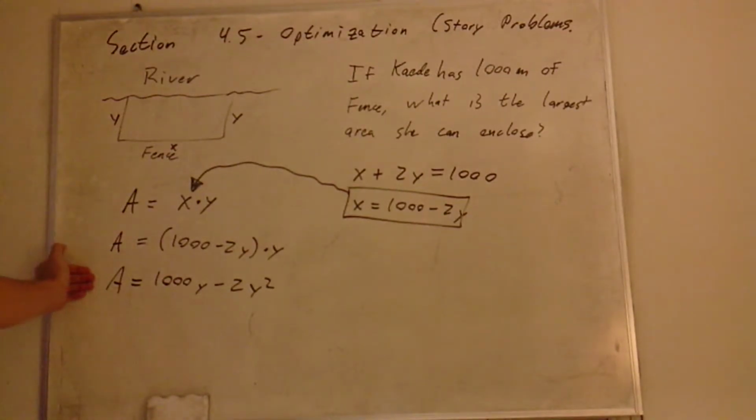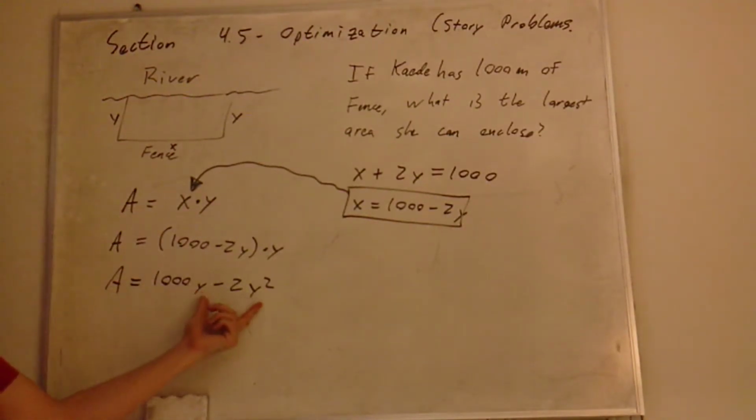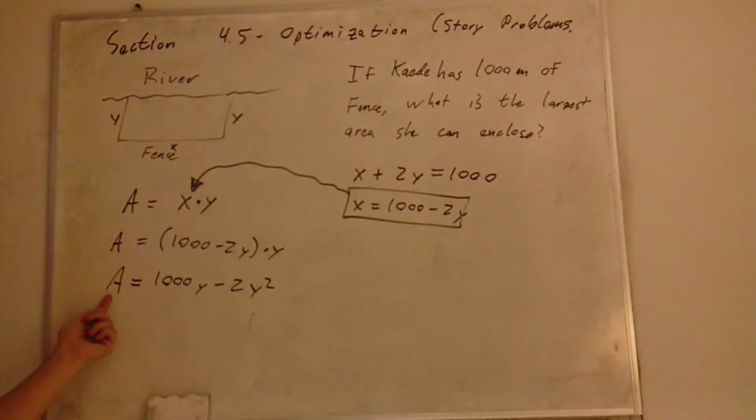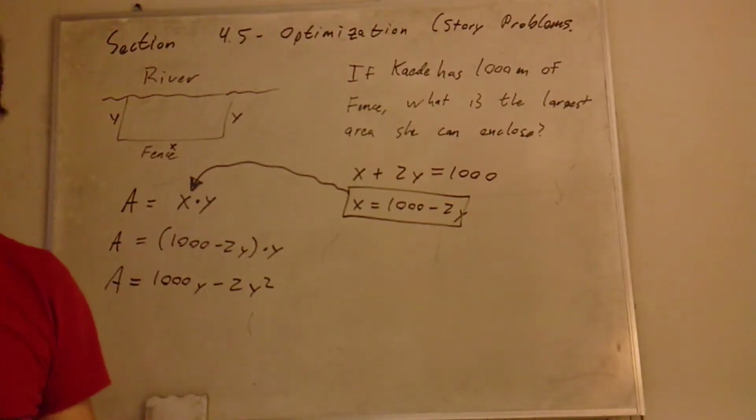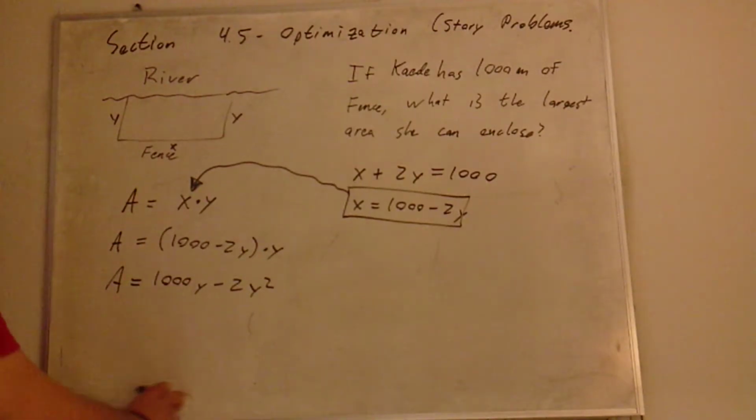And this is a relationship that we can optimize using Calc 1. This is a relationship between the length of one side of this rectangle and the area of the rectangle. We can take a derivative of this without getting the product rule or multivariable nonsense involved, and that's the goal. So, we're just going to go right ahead and optimize this.